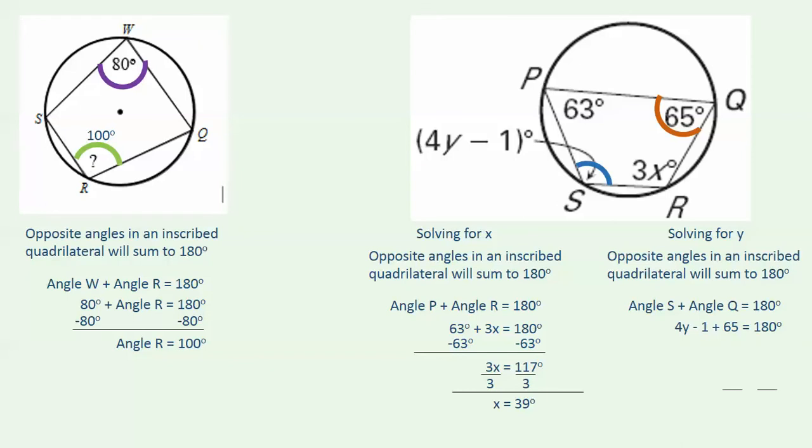Combining like terms, that means that 4y plus 64 is 180 degrees. To solve, we'll subtract 64 from both sides, and we find that 4y is 180 minus 64, which is 116 degrees. To solve for y, we'll divide both sides by 4. We find that y is 29 degrees.